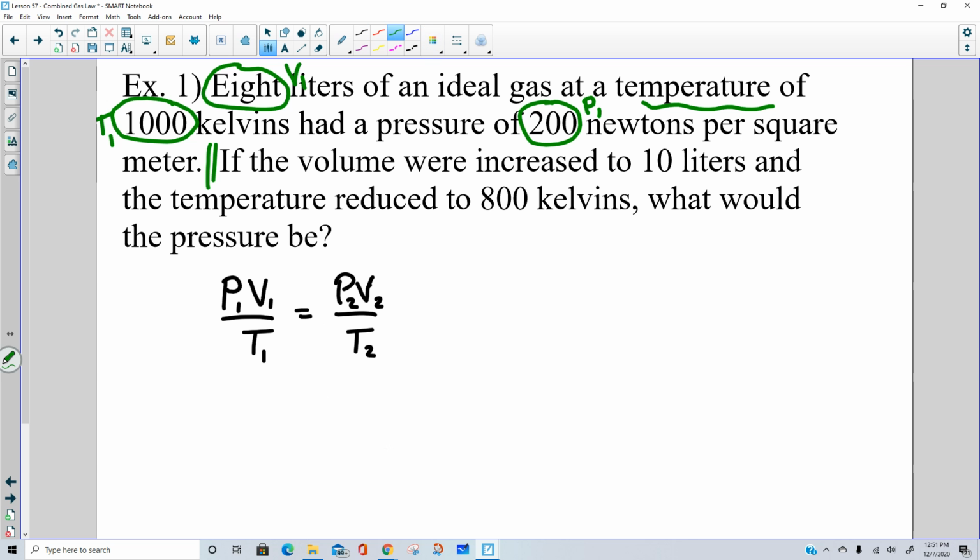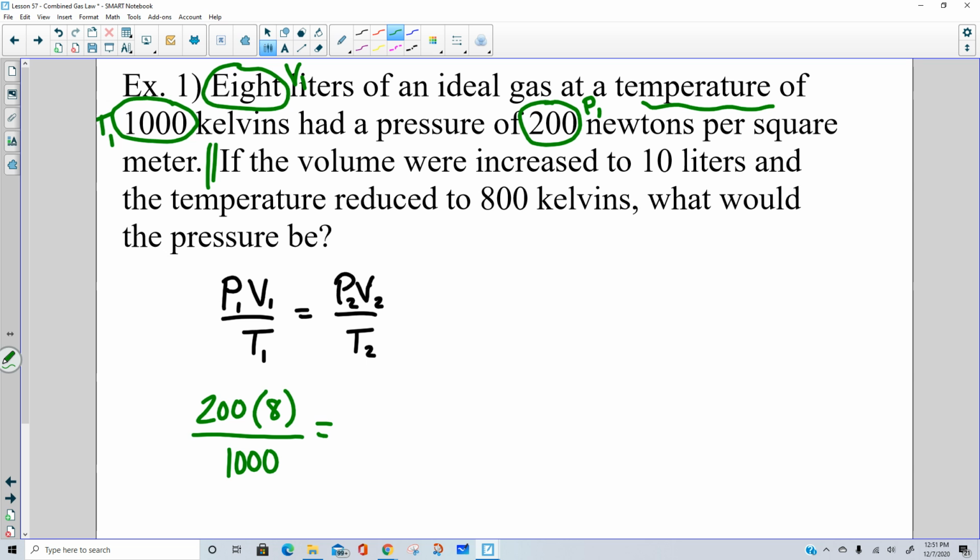And we have everything we need for the whole left side. We have all of our initial conditions. Our P is first, pressure is 200. V1 is next, that's our volume of 8. Now you can leave the units out when you're just sticking in the numbers. The units aren't going to change, so we'll just insert the units at the end when we've solved it. And then our temperature of 1000 kelvins.